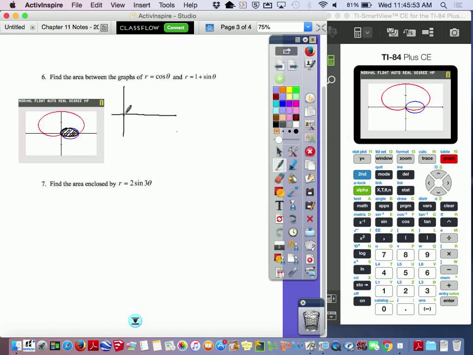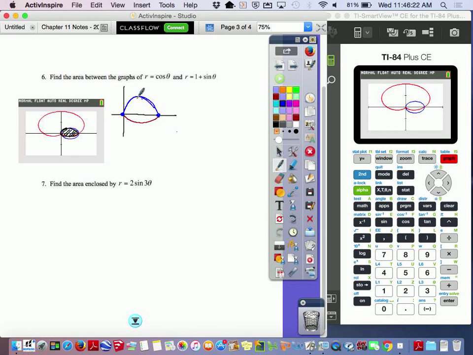We've got the cardioid that is down here, and then we've got a circle that is up here. We have to find the area of that, but we're not going to use any symmetry. What we have to do is find the radial lines that go through these two intersection points for both graphs.